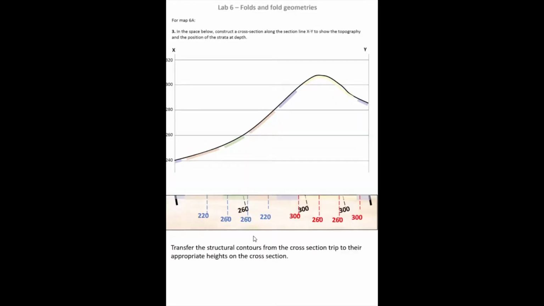Okay, then what I can do is transfer the structural contours from the cross-section strip to the appropriate heights on the cross-section.